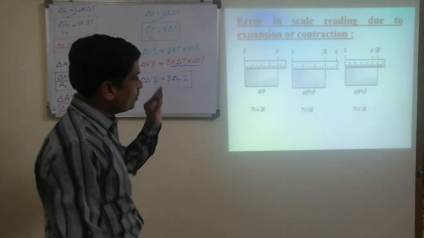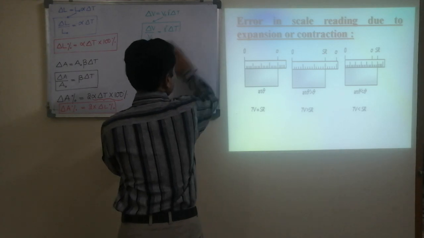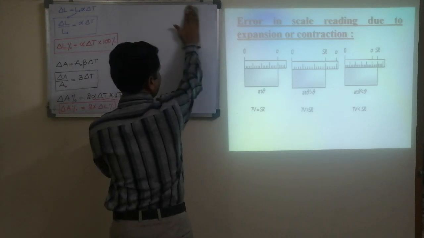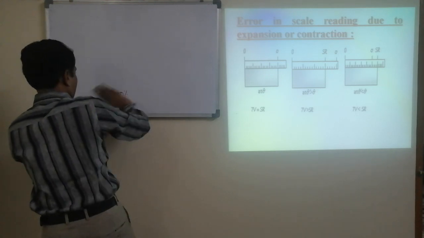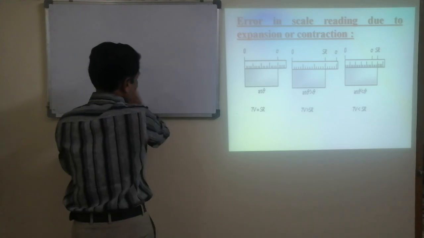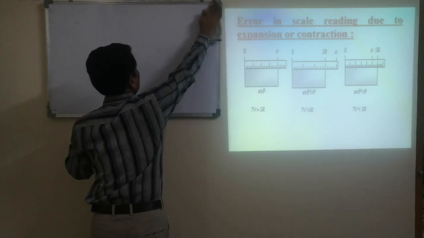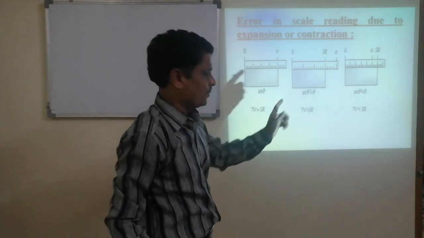One of the most important points is error in scale reading due to expansion or contraction. This is somewhat confusing to students also. To avoid the confusion, I'll go a little bit slow.